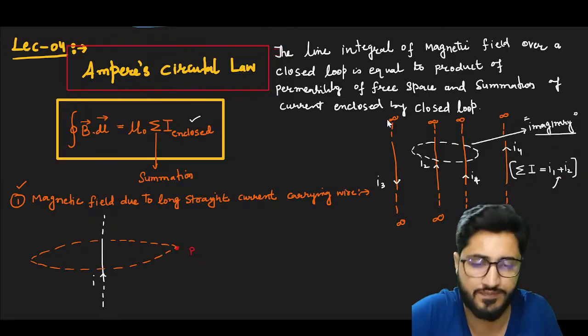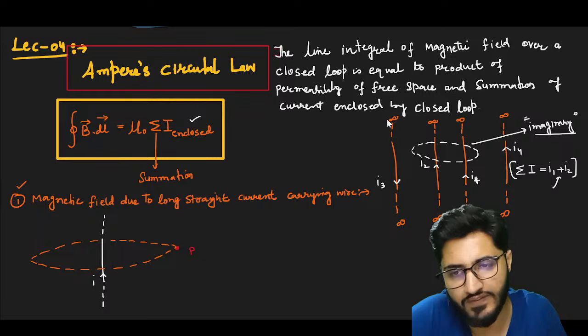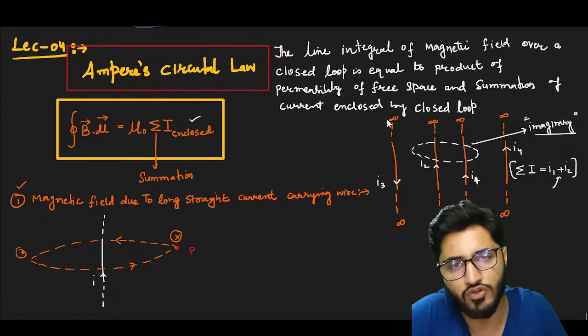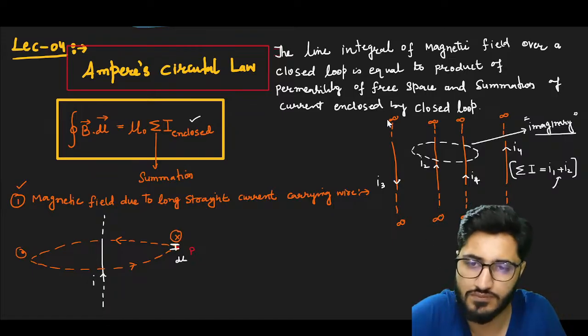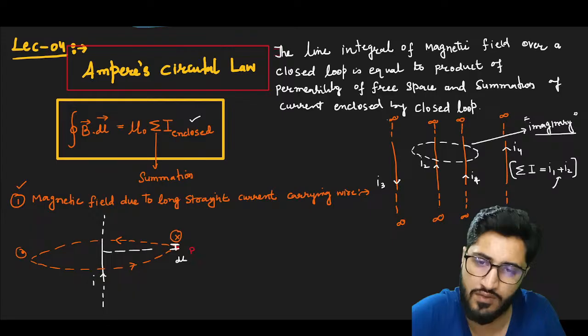This is my loop. You can see now the current I is going upside, so here it is cross and this one is dot. So the field will go in this way. Now I will take a small element, dl element, at radius r.